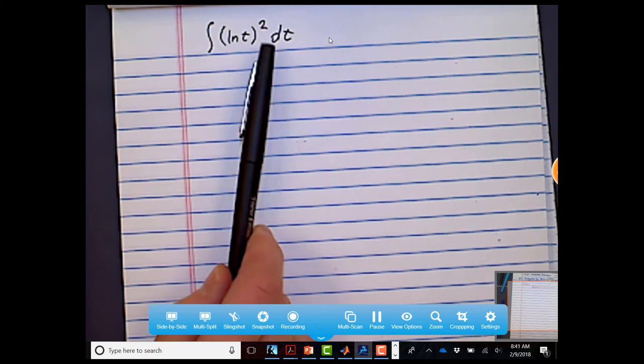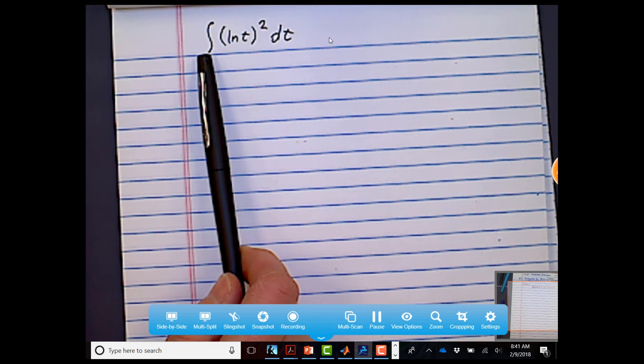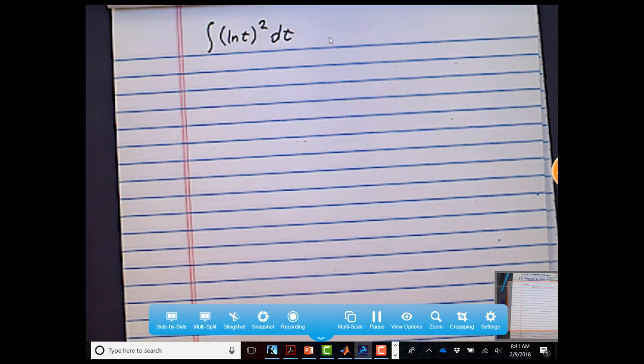See, natural log is an interesting function because, well, what do you guys know about natural log from calculus class? So you know what it looks like, right? That's one thing. What else? Do you guys know how to take the derivative or the antiderivative of natural log?